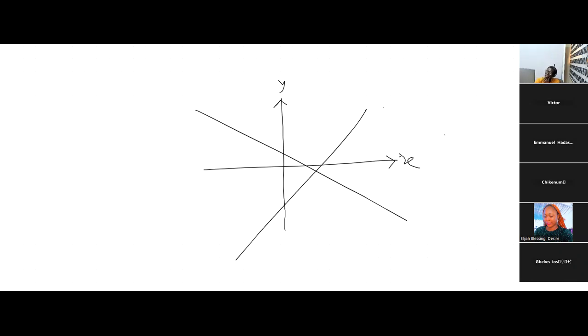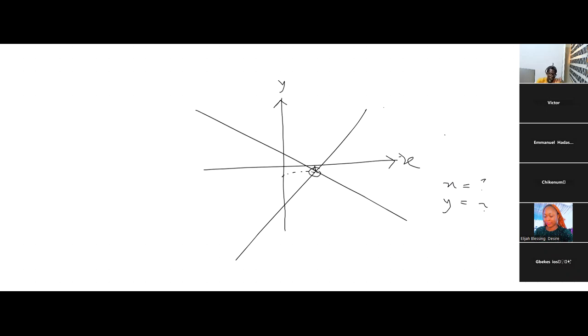These two equation lines, they met here. Where they met, you will trace the value of y, and you will trace the value of x. Then you'll be able to bring out the value of x is equal to something and y is equal to something.